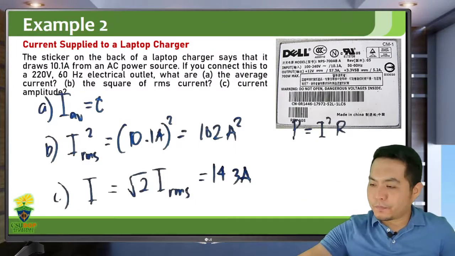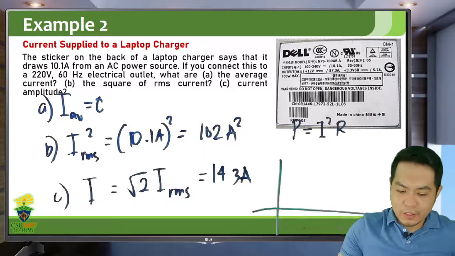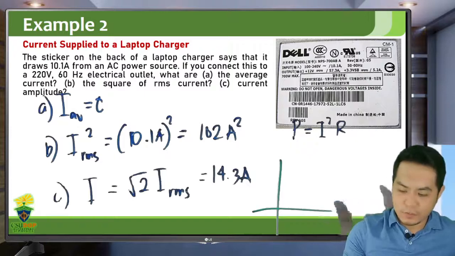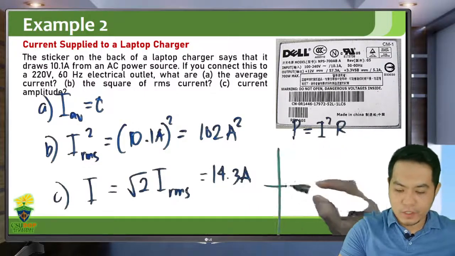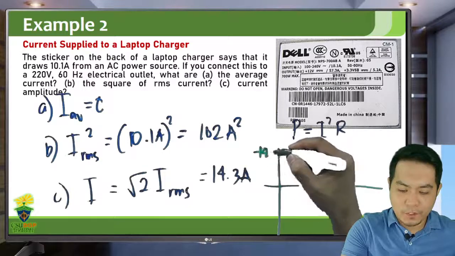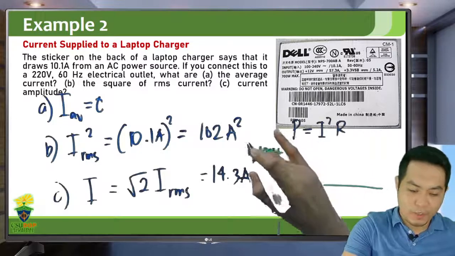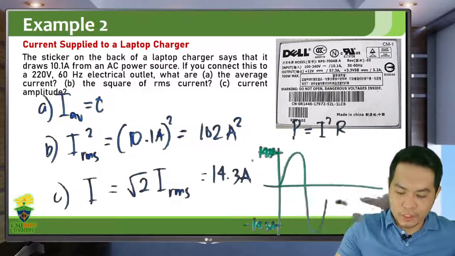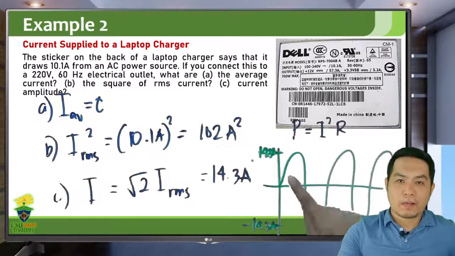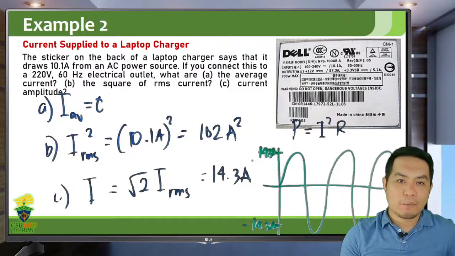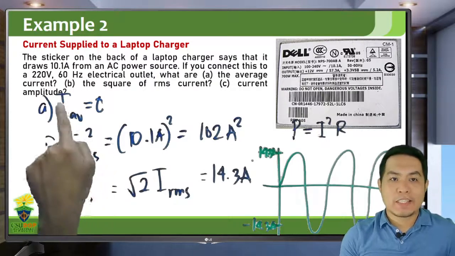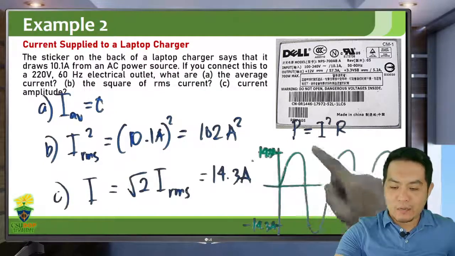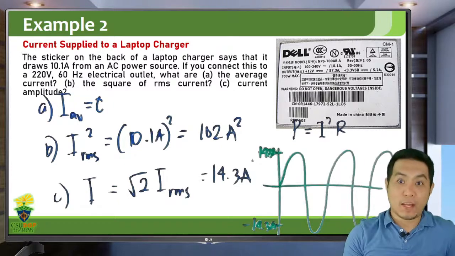Meaning, the current input to this charger actually swings from positive 14.3 amperes to negative 14.3 amperes, at a rate, of course, of 60 hertz. So it swings 60 times, from trough to crest, in 1 second.